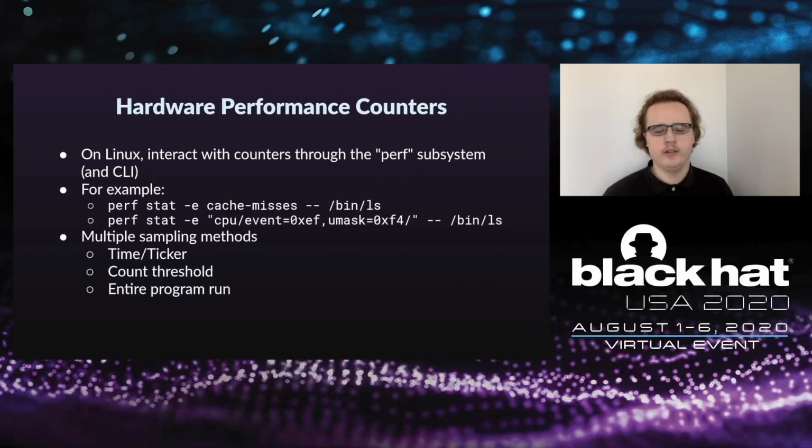It's also worth noting there are a couple of different ways to sample these counters from the CPU. You can get them on a timer basis, so every n milliseconds. You can get them when the counter overflows a certain value, so when it reaches a threshold. Or you can just let them build up over the entire duration of the program run, which is what we'll be exploring to start with.